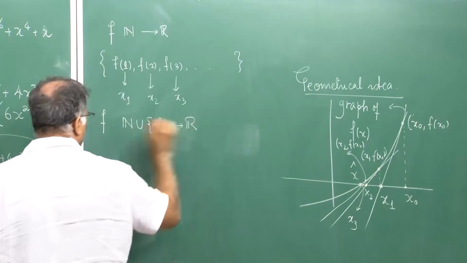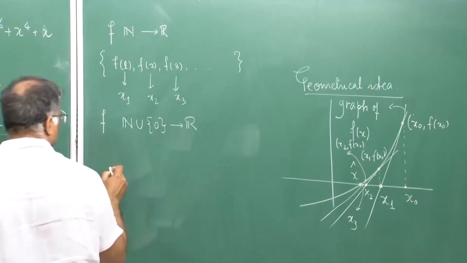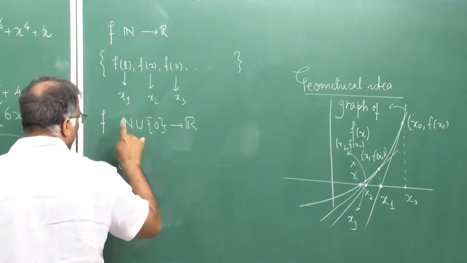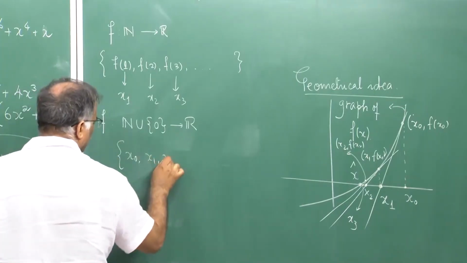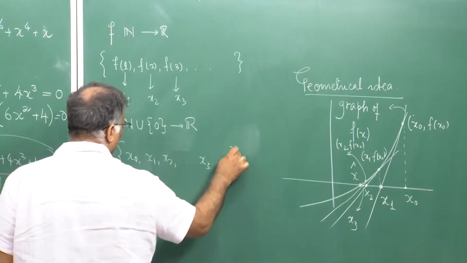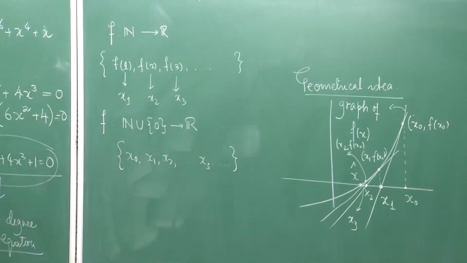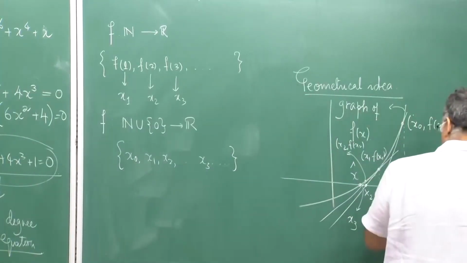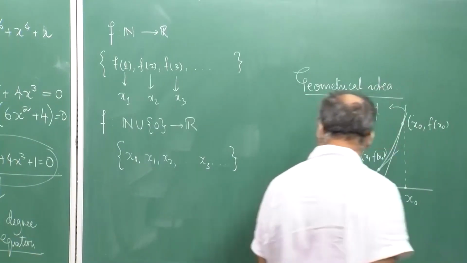This is also a sequence, it does not matter whether you take this or this. In this case we would have x0 and f of 0, and x1, then x2, then x3. For example, the sequence that I have generated here has a 0th point, first point, second point, third point.